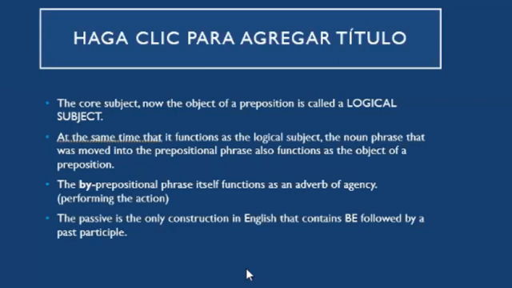Because that by phrase, which by the way is an adverb, what information is it giving you? Who is eating the apples? See? This is what we call that by Oliver is a prepositional phrase functioning as an adverb of agency, because this is what the logical subject is: the agent, the one that does the action.